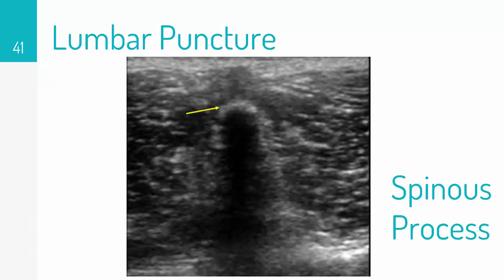Identify the hyperechoic convex spinous process with shadowing behind the hyperechoic region. This hyperechoic portion may not be completely evident, and you may just have to rely on shadowing. So again, got a bright spot with a bunch of shadowing behind it, which suggests spinous process, but you might only see this shadowing. So just keep that in mind.